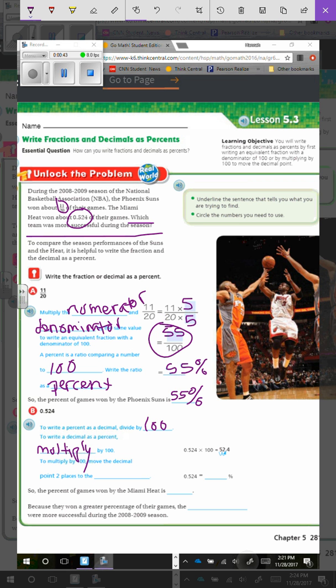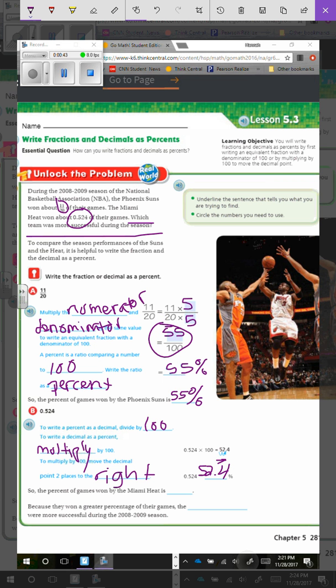To multiply by 100, we simply move the decimal point 2 places to the right, as this figure shows us. So that means that 524 thousandths now becomes 52.4, and for tenths, there's only one place value.